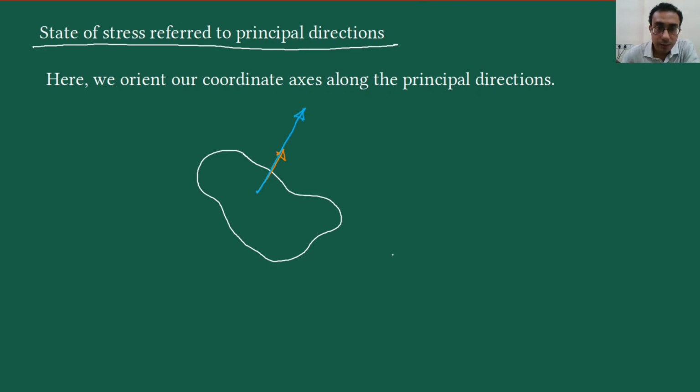What we say is that this can only happen when this is a principal plane. It must also be true that this n hat will be a principal direction.